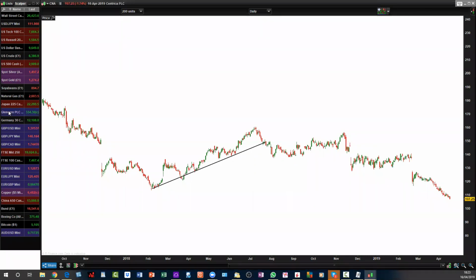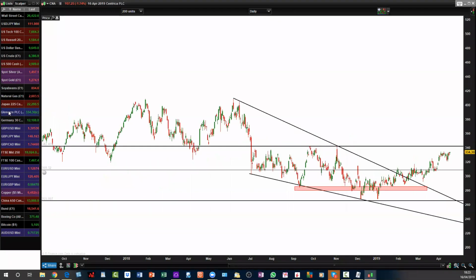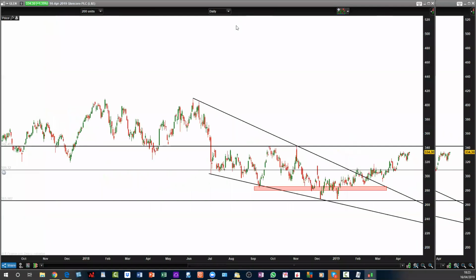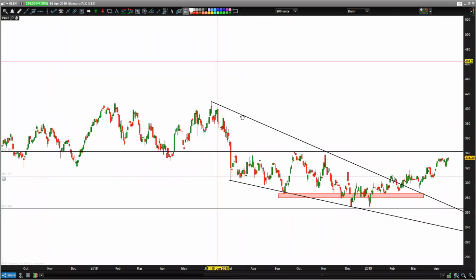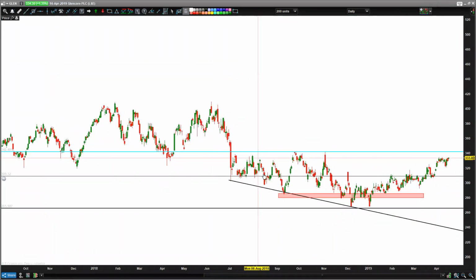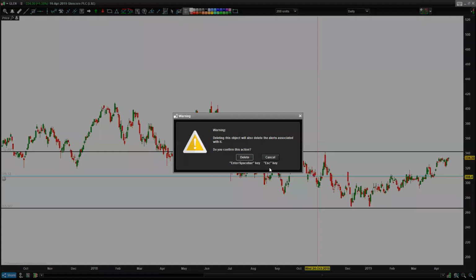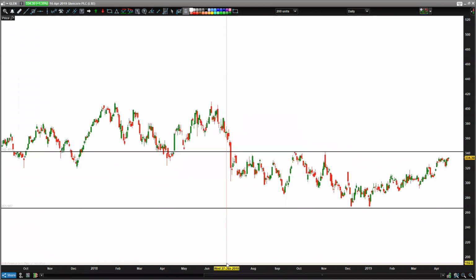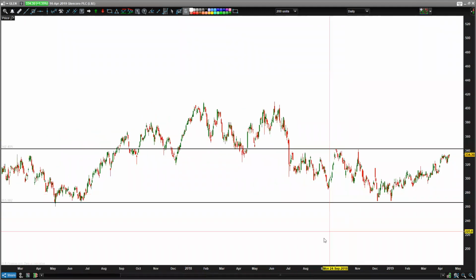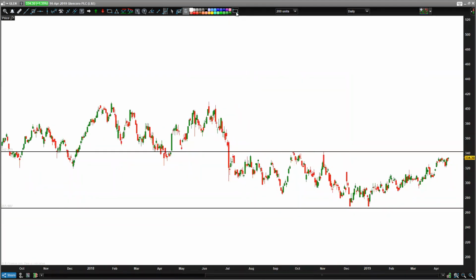This is another one I think I probably showed you before as well. If I just show you one other aspect of one other indicator as well. This again is not a very clean chart. In fact, it's even more ragged than Centrica. So I'm very careful not to overexpose my account with stocks like this.